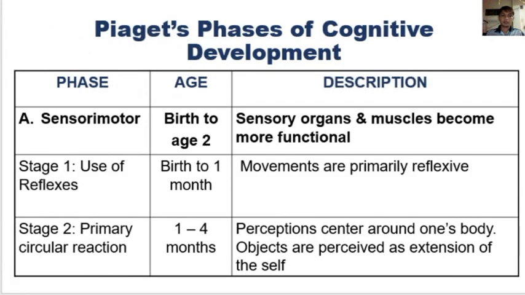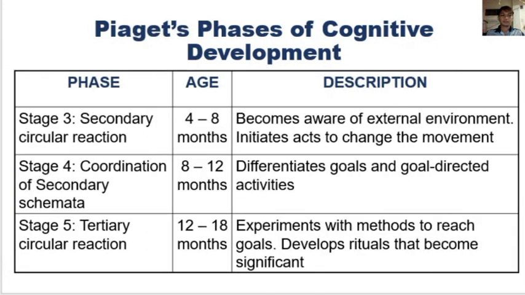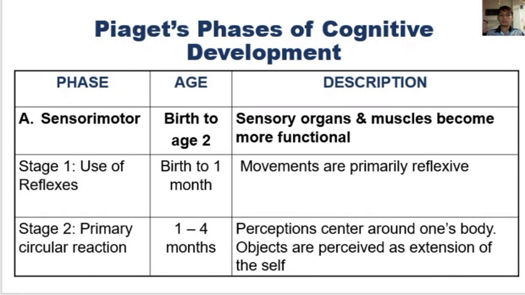Now, here are Piaget's phases of cognitive development, or Piaget's stages of cognitive development. Phase or stage, they mean the same thing. We have the first one, the sensorimotor. This is just a recall of what I have discussed earlier.